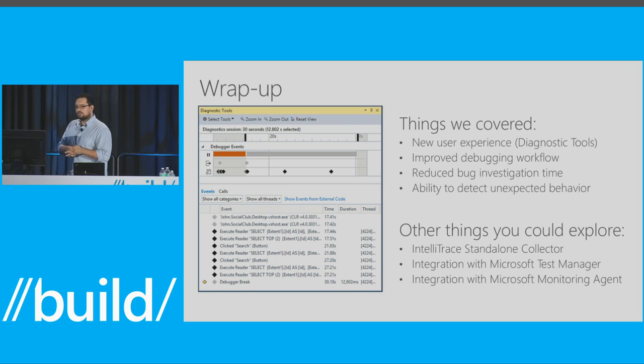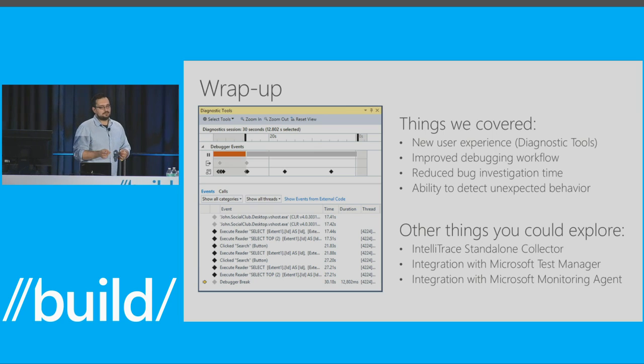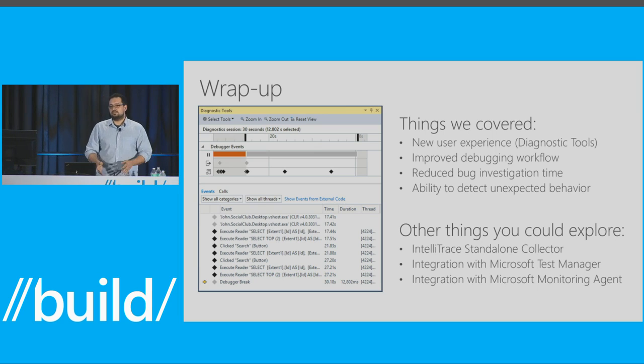The second part of the question was, is there an issue with the sizing? If I have a system that is generating a whole bunch of events, what am I supposed to do? Am I supposed to just let it run and fill up the hard disk? Are there any performance issues or other issues with IntelliTrace, any limitations? The answer is there's ways to configure IntelliTrace to work with the way your application works.